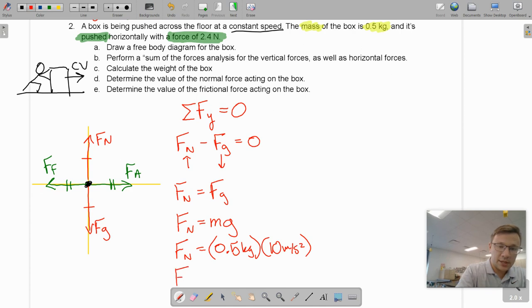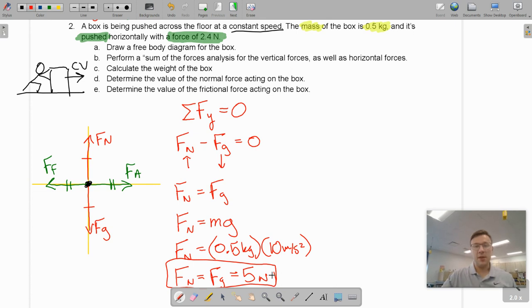And we find that the normal force, which is equal to the weight of the box, is equal to 5 newtons. 5 newtons is the value for both the weight of the box and the normal force acting on the box. All right, now we're going to move over to our horizontal forces.